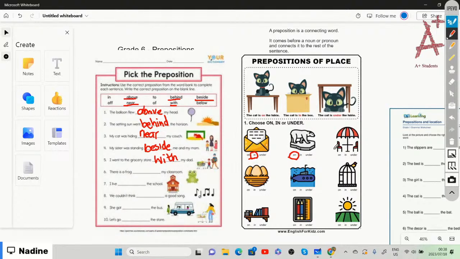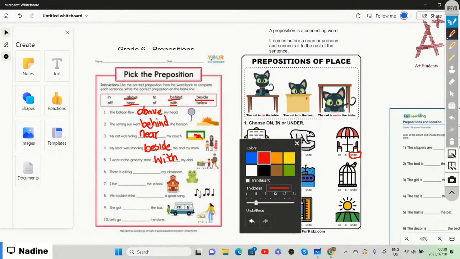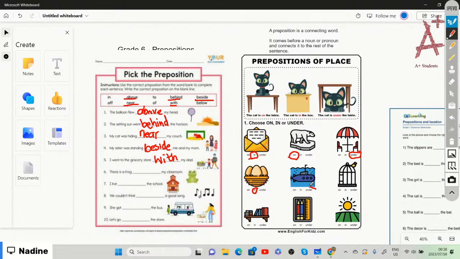On, in, or under, right? So we can say the chairs are under the umbrella. The eggs are in the basket, right? The submarine, we can either say is under the water or in the water, right? This can be a bit tricky, but the submarine being under, right?